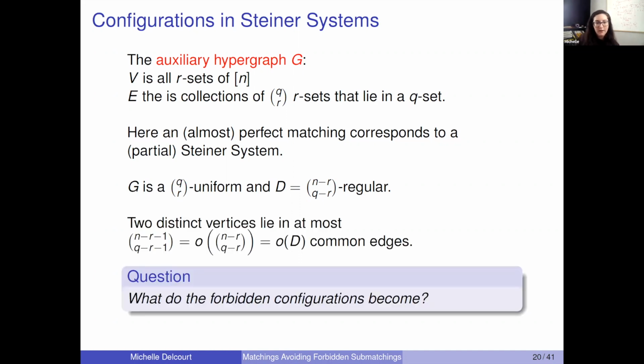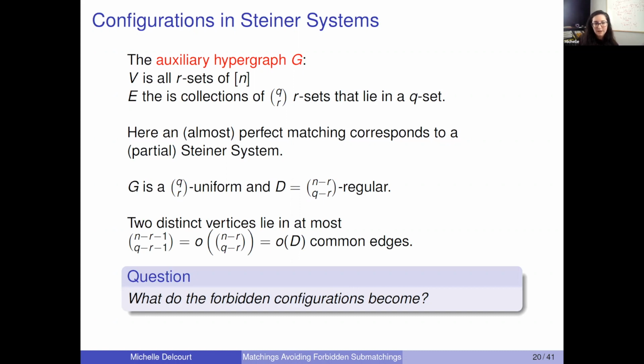So we're regular, and if we think about two vertices in this hypergraph, they have low codegree. And why is this? Well, the worst case scenario is when the two subsets share most of the same elements.